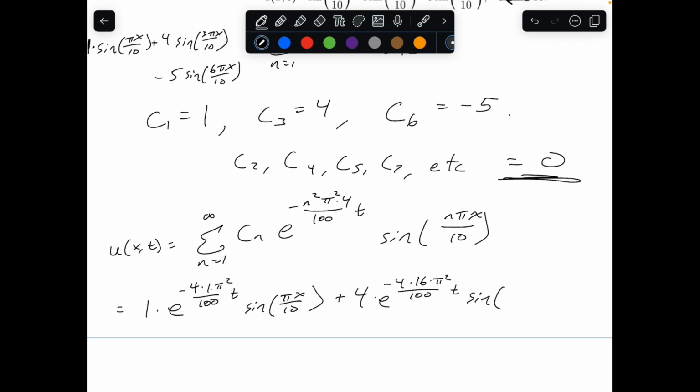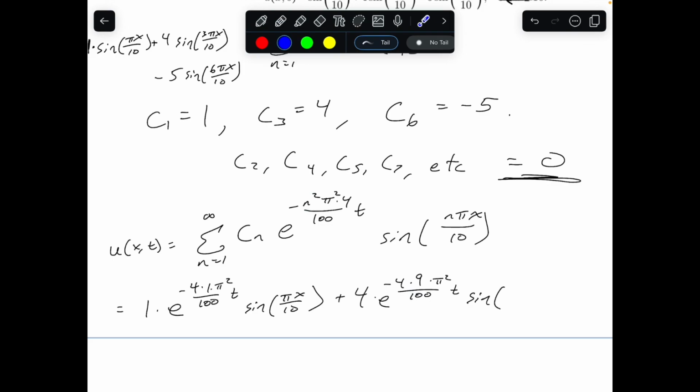Wait, did I screw up? Yeah, I screwed up. Wrong thing over here. This is n squared right here. This is the n equals 1 term, this is the n equals 3 term. So I'm going to replace this with 3 squared right here. So n squared is 9 in this case.